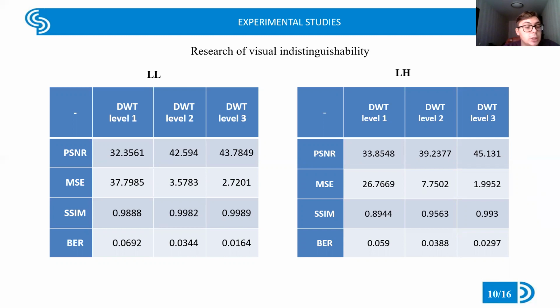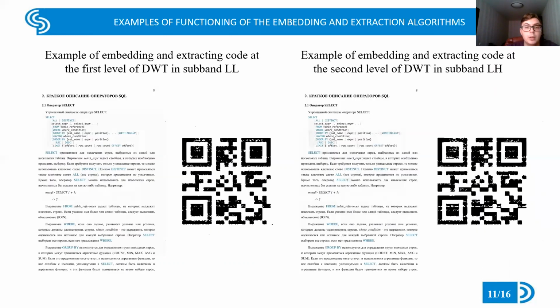At the first level, the image becomes visible to the naked eye, and the resistance to noise and distortions at the third wavelet transformed level is practically absent. So the second level of discrete wavelet decomposition is optimal.